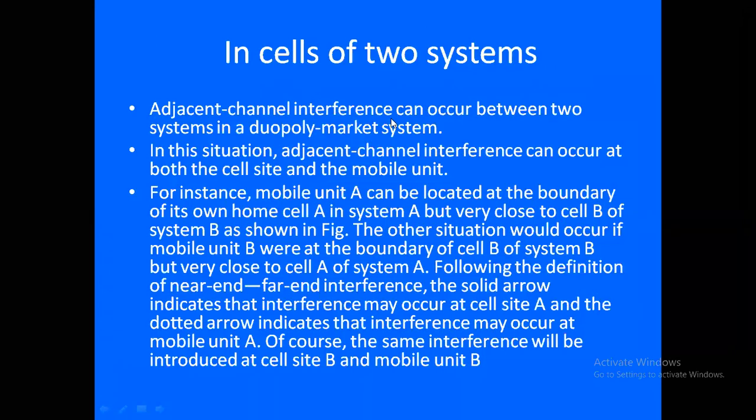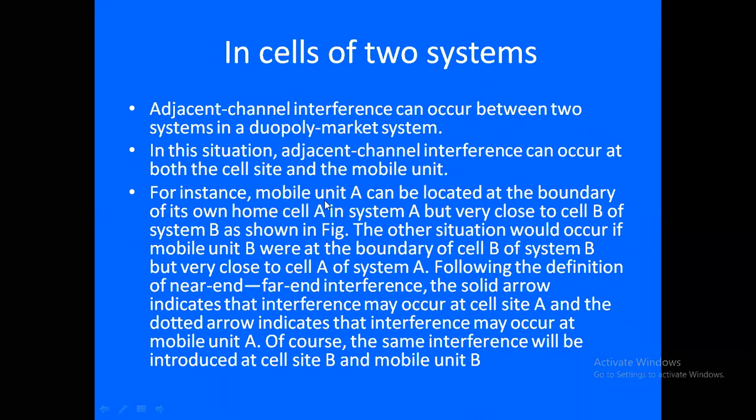Adjacent channel interference can occur between two systems in a duopoly market system. In a two cell system, adjacent channel interference can occur at both the cell site and the mobile unit.